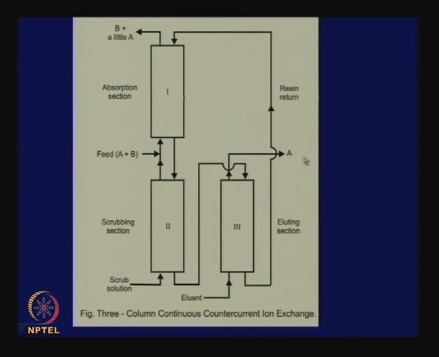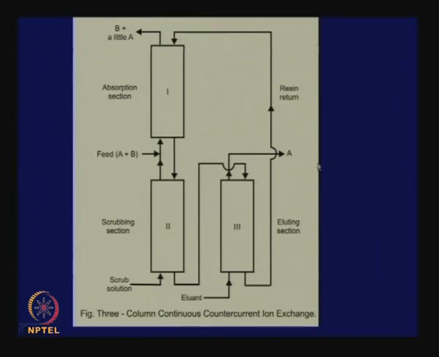So, A will come out here continuously, the resin will continuously return here, and what we get here is the thing we do not want, B, but some amount of A would definitely be there. Now, this is the kind of thing we have, some more complicated, that continuously we keep producing a solution containing A, and continuously we return the resin.